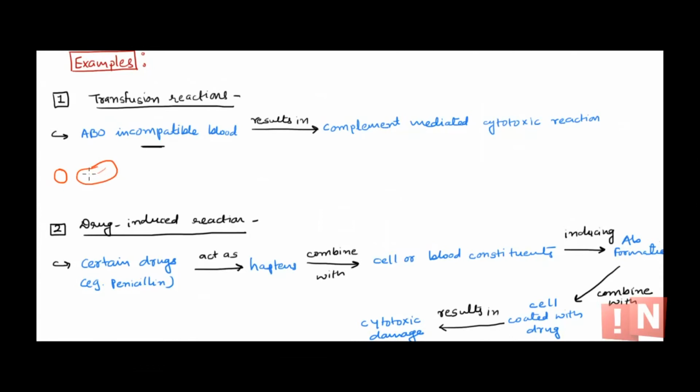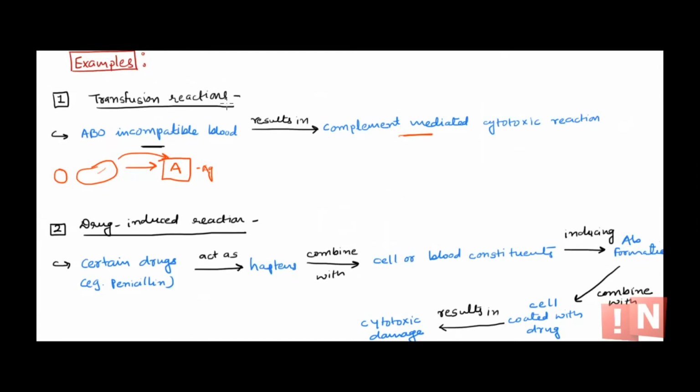So if you give such a person blood group A, since the person's body doesn't have this blood group A, it is going to recognize this as an antigen. Even though it's just a blood group, it would be recognized as an antigen by this blood group O individual. So this person will mount an immune response against the newly entered blood group A cells, and it will cause a complement mediated cytotoxic reaction.